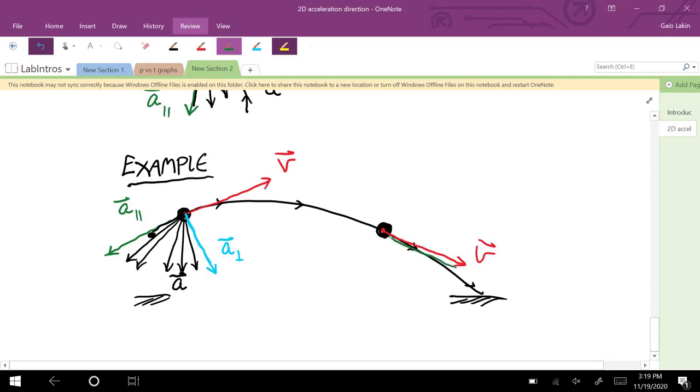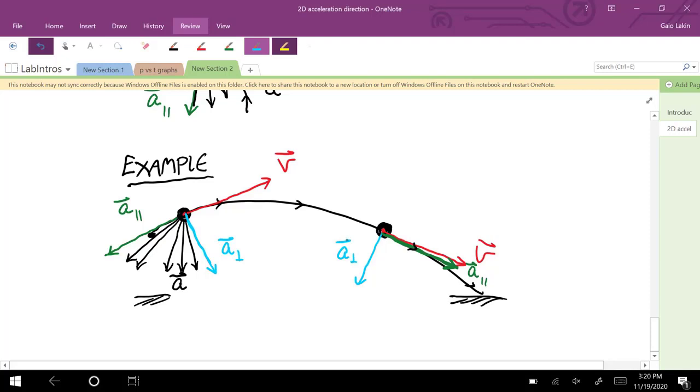So A parallel is in the same direction as the velocity. Is it turning? Yes. Something in projectile motion, unless it's going straight up and straight down, is always turning because of the influence of gravity. And it's turning this way in this case. So there's A perpendicular.